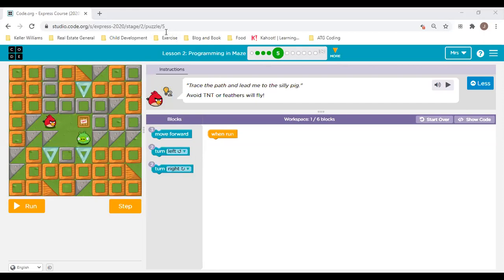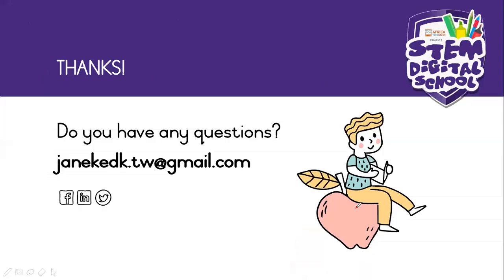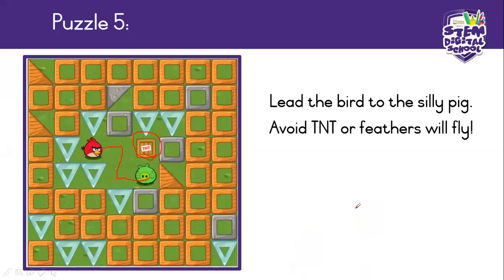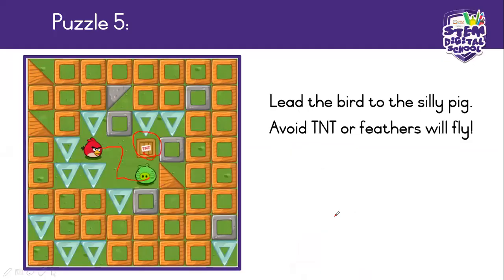Okay, now I have put that code or that link in your chat box for you. I'm going to share my screen to my PowerPoint presentation. Oh, I see here that I didn't give you homework, but I want you to do puzzle 5.